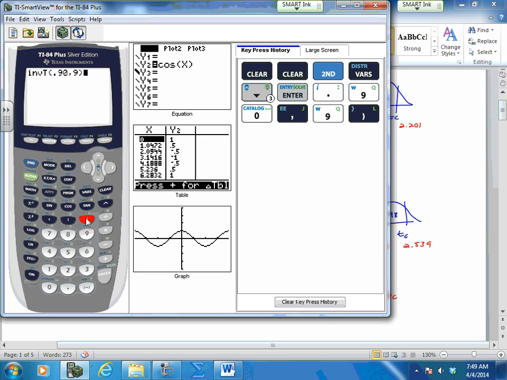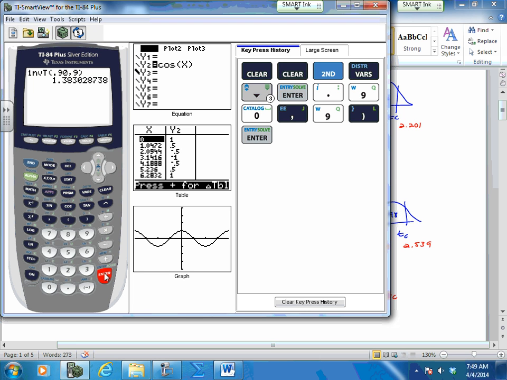Is it on the old one? It should be. It's not on yours? It says TPDF below it. Oh, then you don't have it on the 83s. The 84s have it. Is this the right answer? 1.833. Then I must have put something wrong. What does yours say?